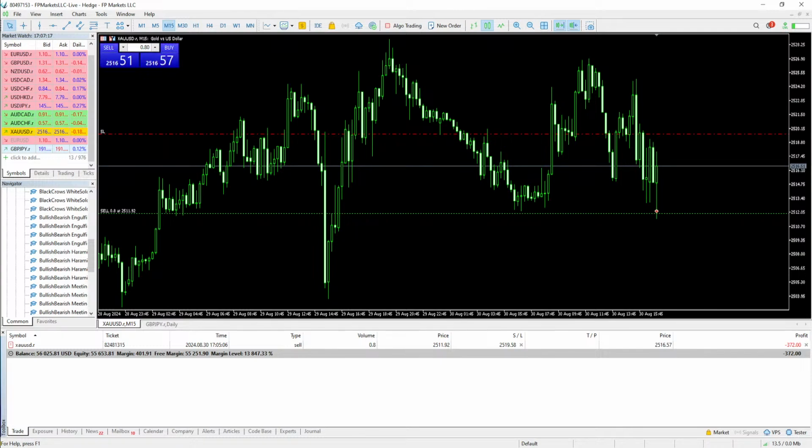Market is really aggressive today. It just went down, activated it, and now moving back up again. But it's alright.